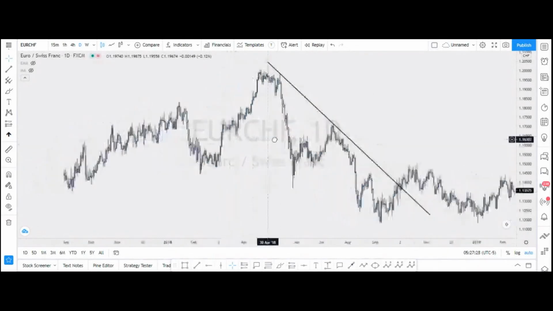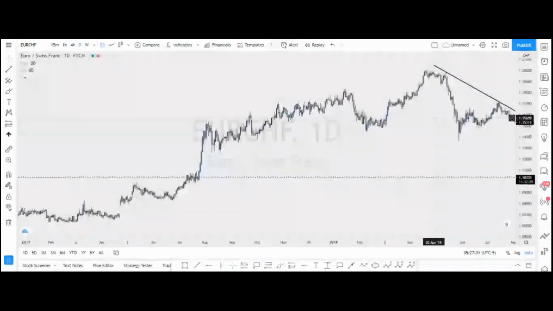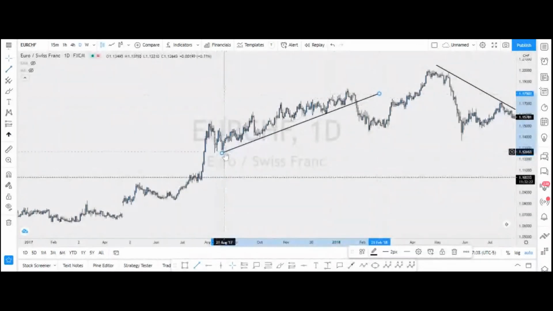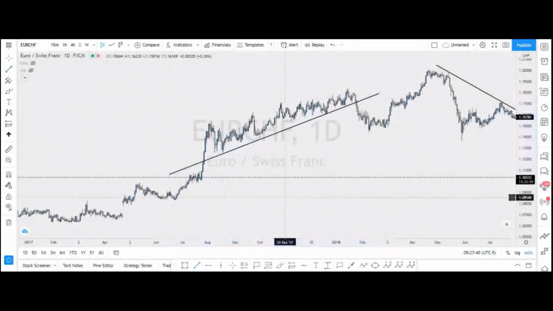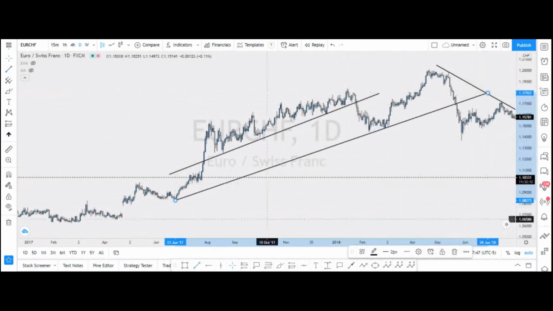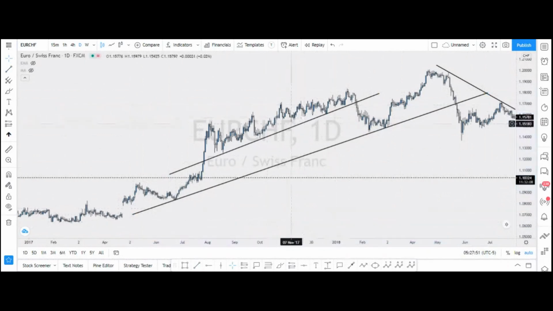Okay. So knowing that this is a downward trend line, what are we looking for now? We are looking for an upward trend line. So I can draw this out right here. This is an upward trend line. The one I just drew now, it's an upward trend line, right?